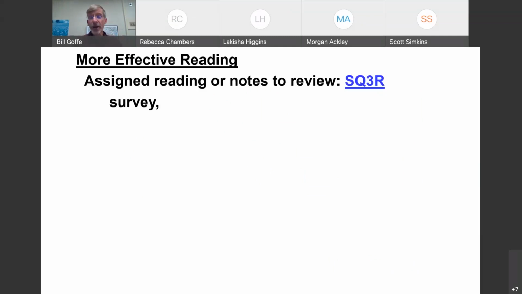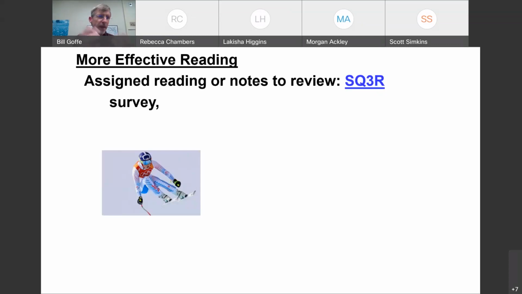SQ3R: you first survey what you're reading. You look through it. You look at the headings, the subheadings, the charts, the tables, and so forth. Much like Lindsey Vonn before she downhill skis at 60 or 80 miles an hour, you want to know where you're going. You then form questions. For economics, maybe: what's this elasticity thing? What's GDP talking about? I've never heard of that.